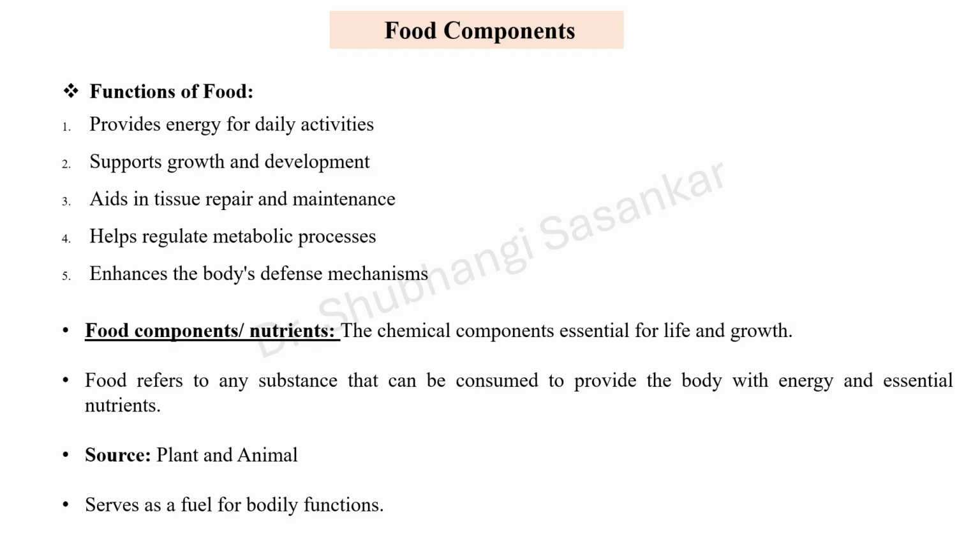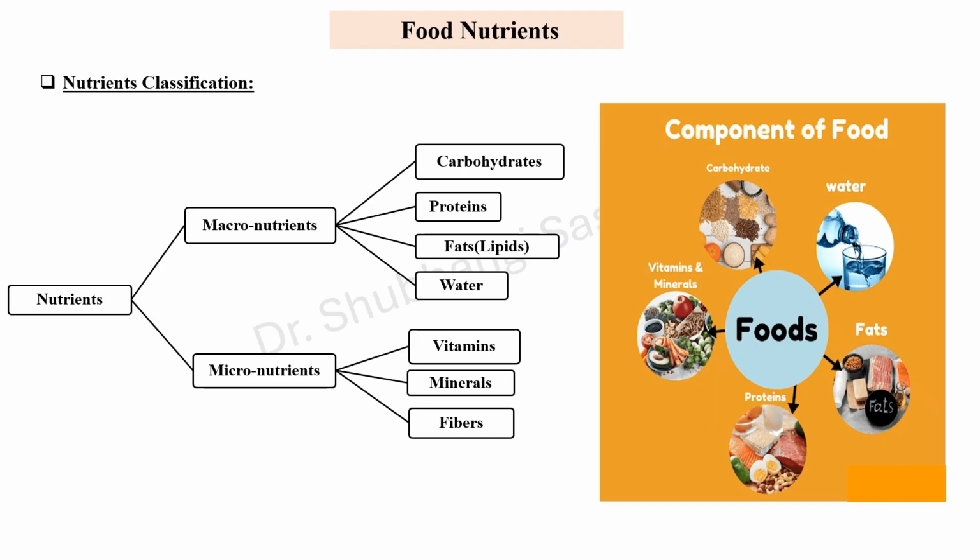The nutrients are classified according to their requirement. We will discuss how the nutrients are classified. This is one of the most important diagrams, which shows the categories of food nutrients. Mostly, food nutrients are classified into two categories. The first one is macronutrients, which are required in large quantity.